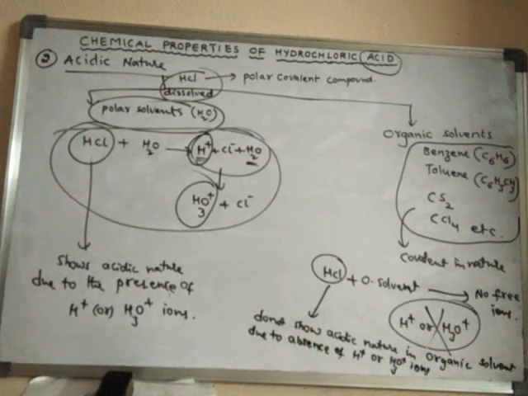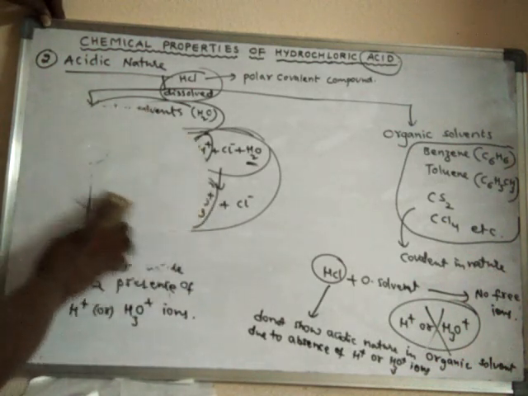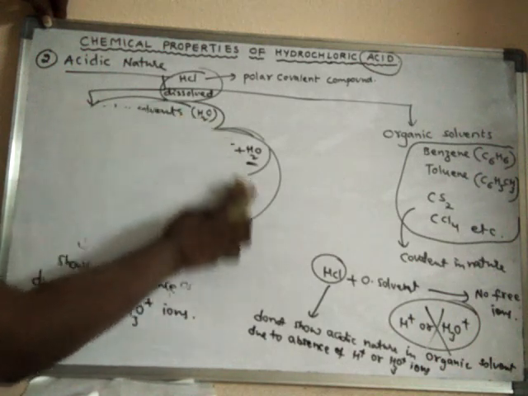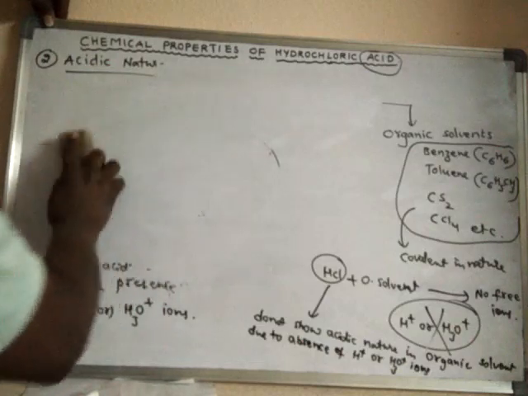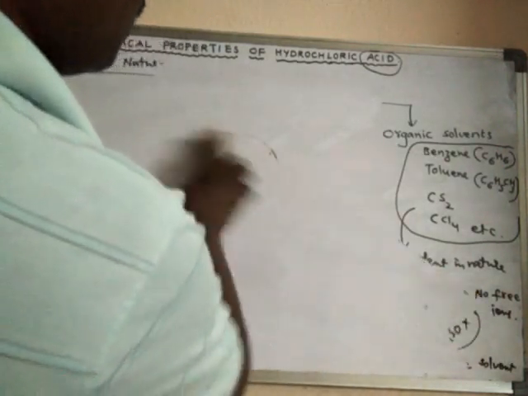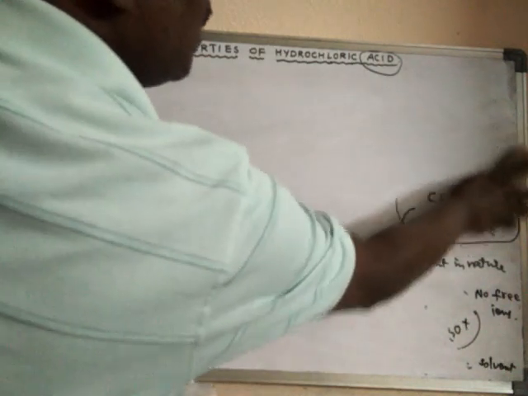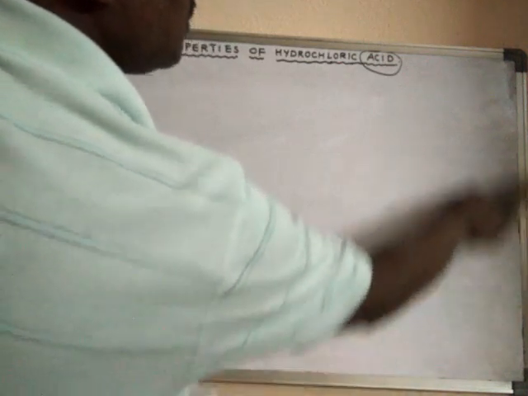This is about the acidic nature of HCl. Next, based on this acidic nature, we will study the acidic properties of dilute hydrochloric acid.